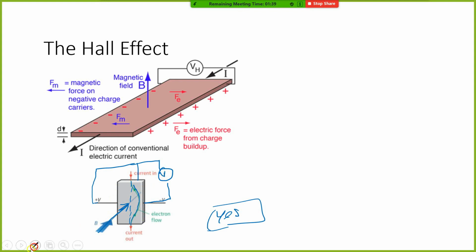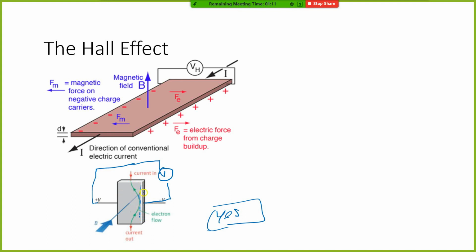Let me just fix something here so you can see it a little bit better. How the effect works is that charges flowing into the conductor are essentially pushed to one side of the conductor. So in a sense, we have a lot of negative charge being accumulated on this side.